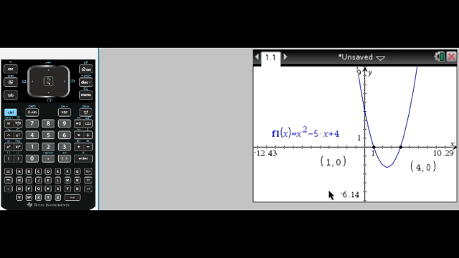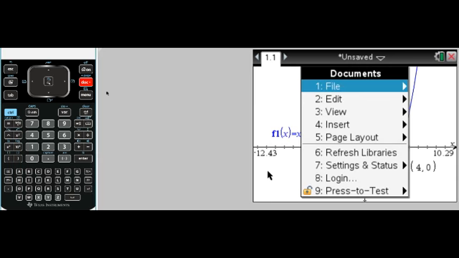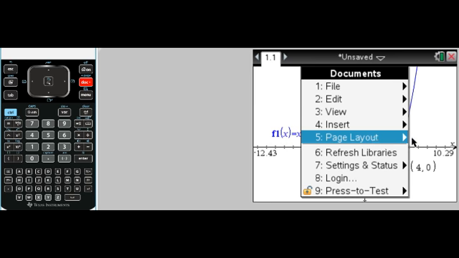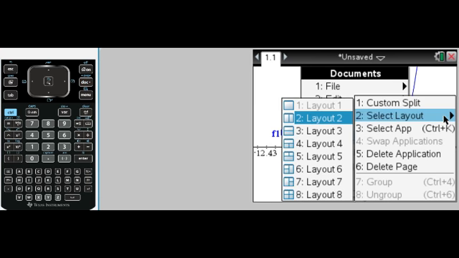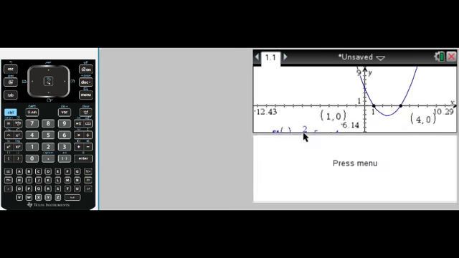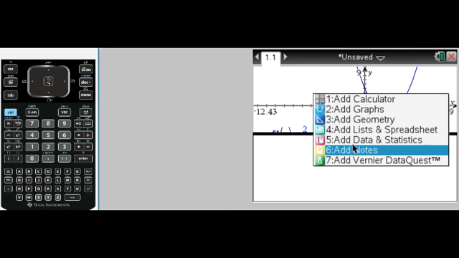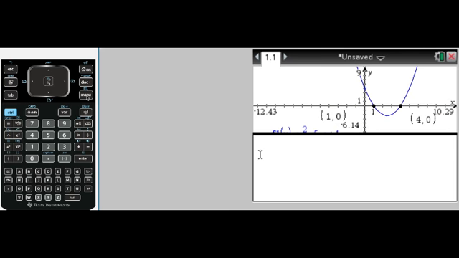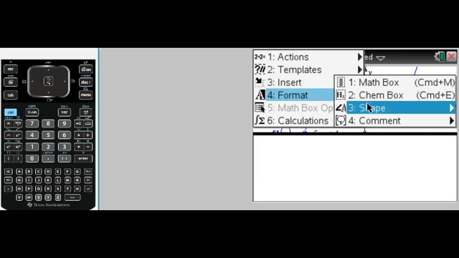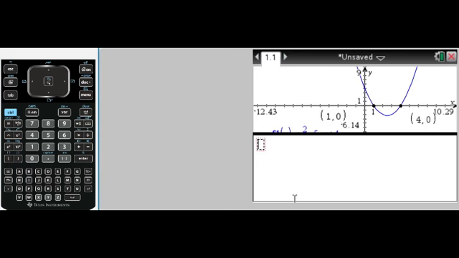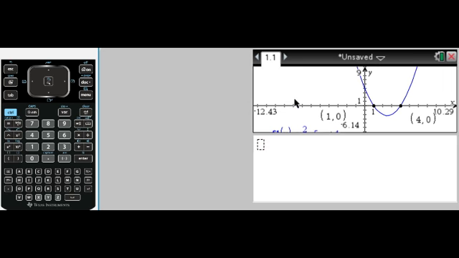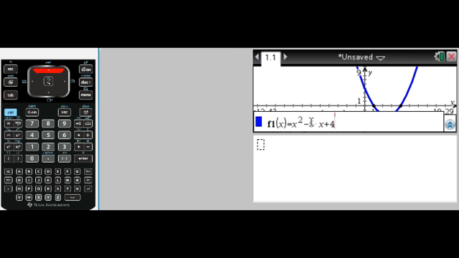I'm going to move those up here, because then what I did is I went ahead and did a new page layout and did the split screen, and down here I added a notes page and inserted the math box and showed how up here we have this listed as F1.